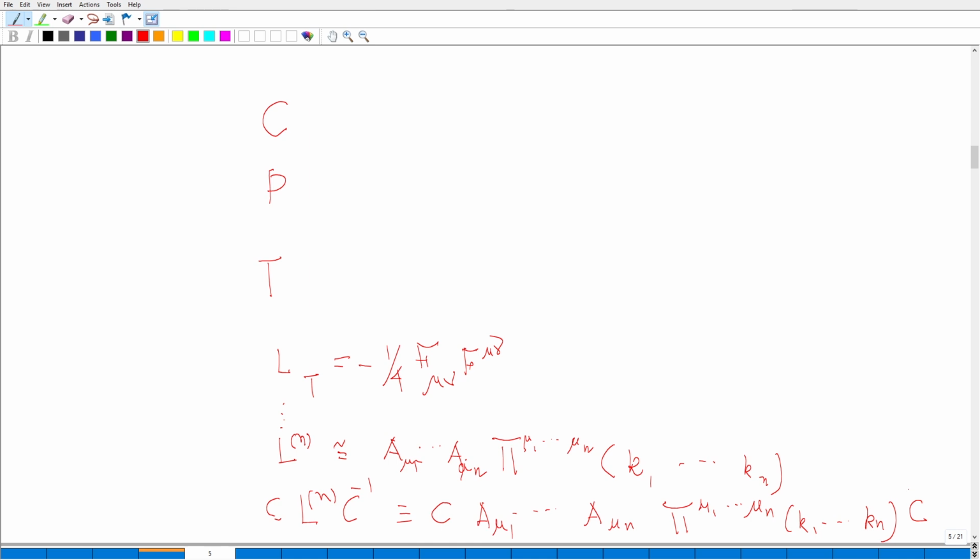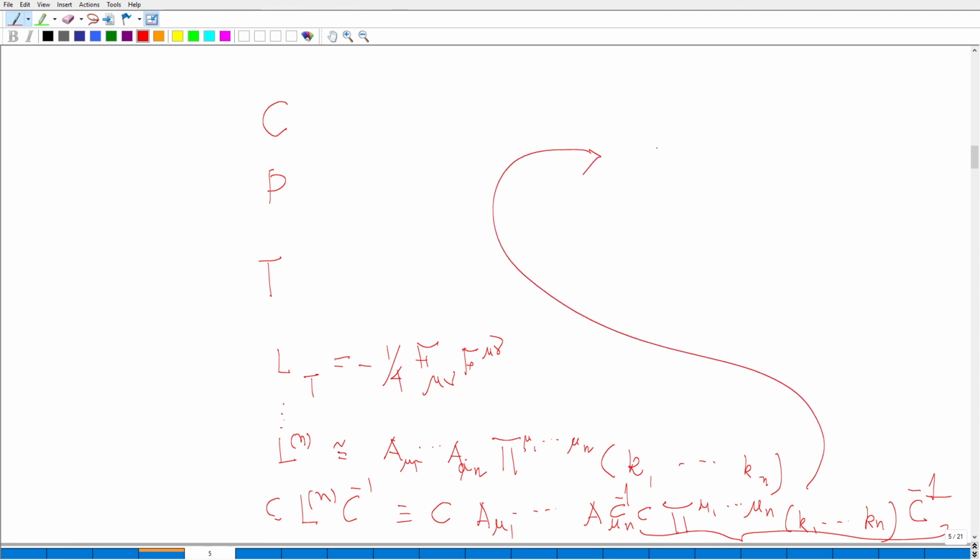So, if we operate by C inverse from this side, then we can write something like this, and this particular part remains invariant under charge conjugation.